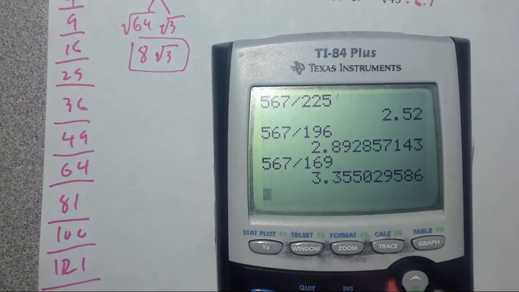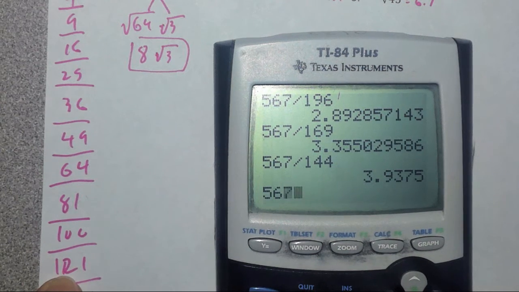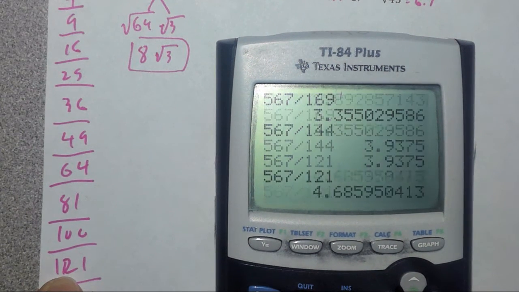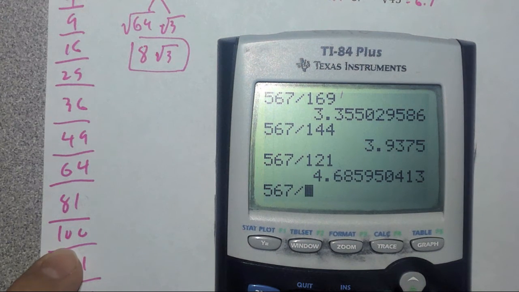See how they all get decimals. 567 divided by 144 doesn't work. 567 divided by 121 doesn't work. 567 divided by 100 is definitely not going to work.